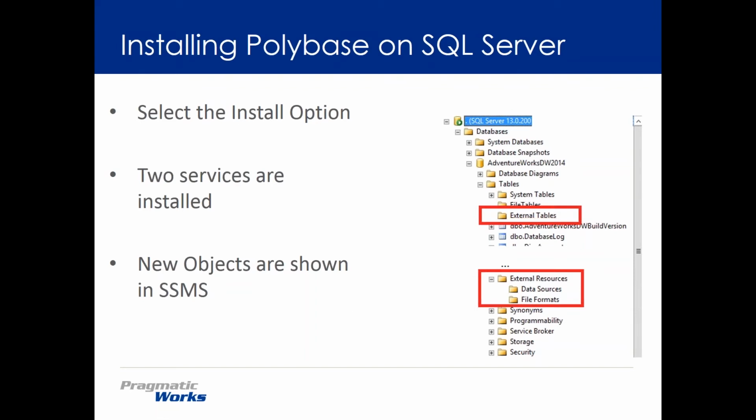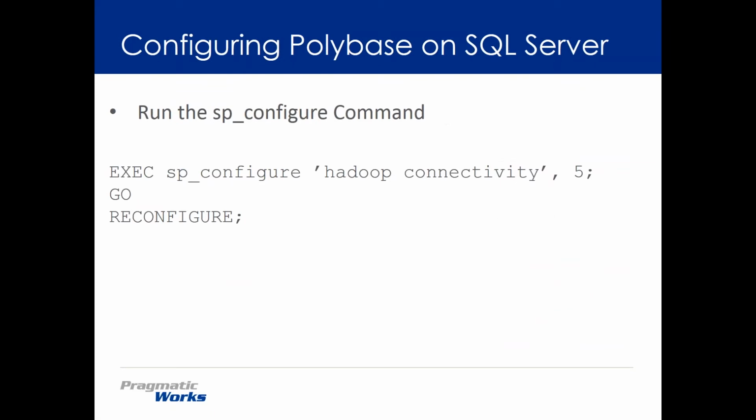Okay. All right, so once you've got it installed, yes, there's more steps that you have to do. You have to run the sp_configure command and pick Hadoop connectivity and 5. So what are your options? Well, if your Hadoop connectivity is 0, you've effectively turned it off.